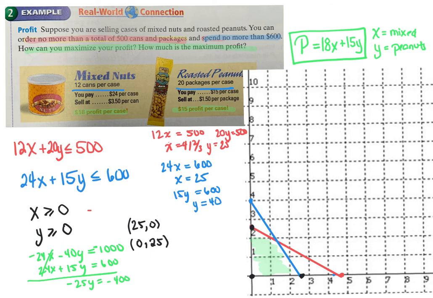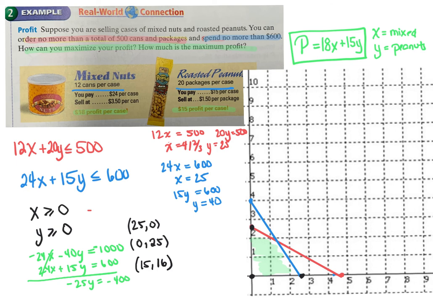What's 400 divided by 25? 16. If I have my 16, how do I find my other one? Just plug it in, and you should get 15, by the way. That's how you're going to figure out if you have a graph that's big like this.